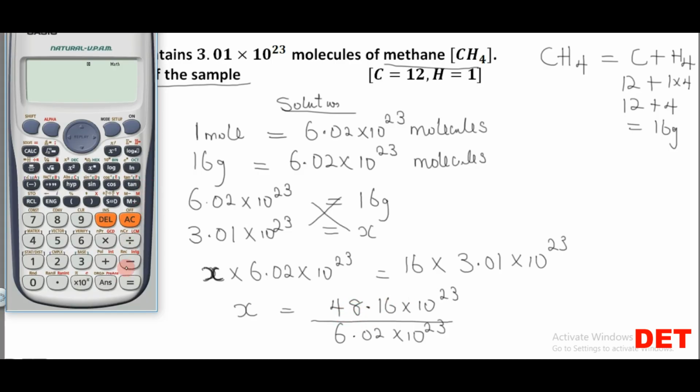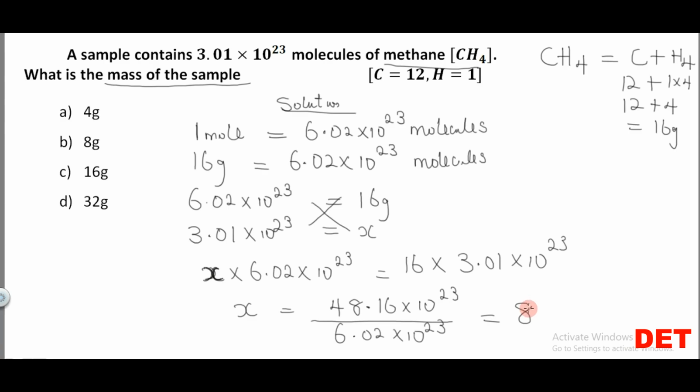I would press 48.16 divided by 6.02. That will be equal to 8. So that will be equal to 8 times 10 raised to the power of 23 divided by 10 raised to the power of 23.